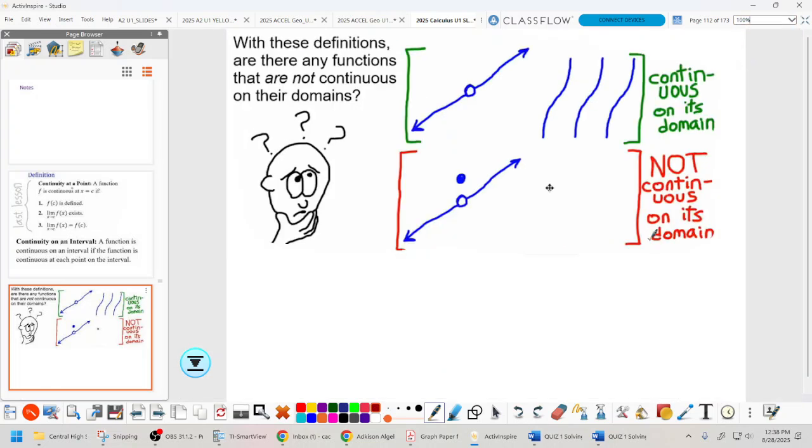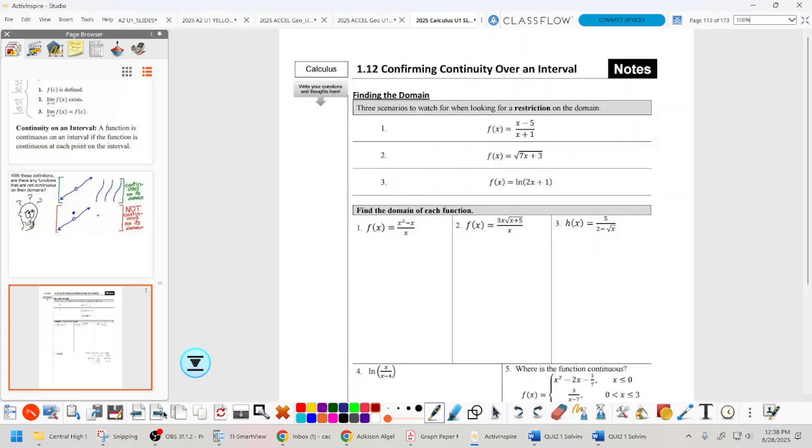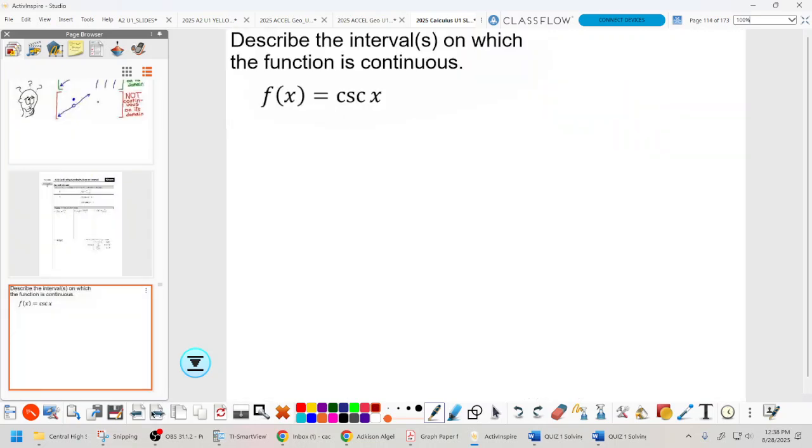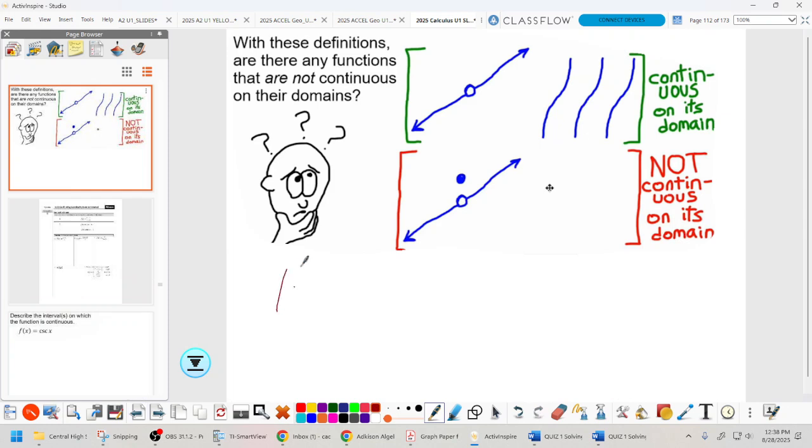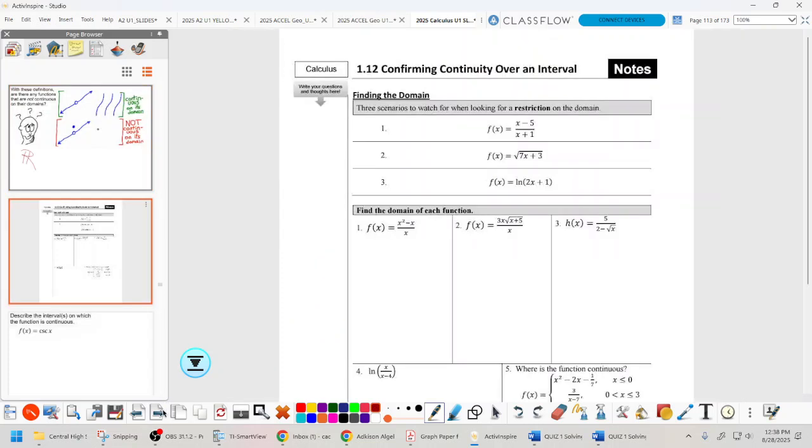So, not continuous, even though the domain is defined all the way from negative infinity to infinity. Speaking of, before we get into this, are you guys familiar with this symbol for all real numbers? Yeah. Okay, so you can use that. In fact, I would encourage you to write it both ways just for practice today.